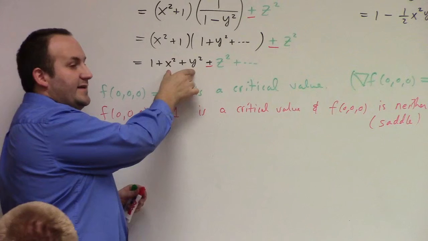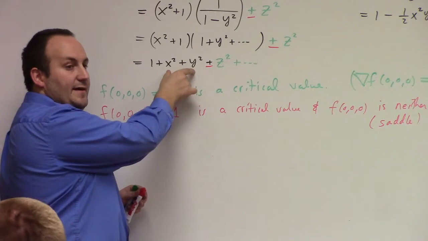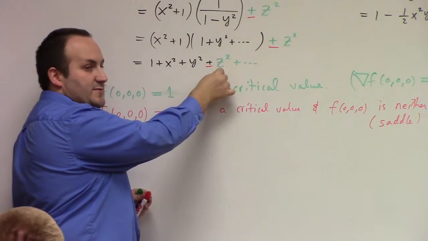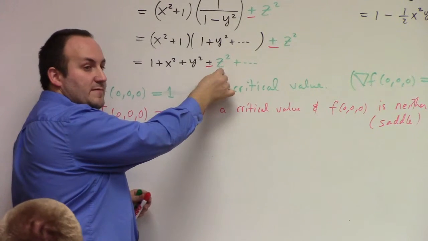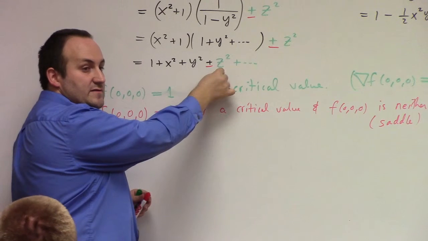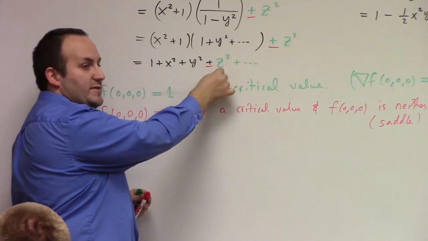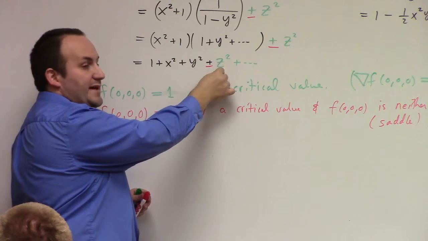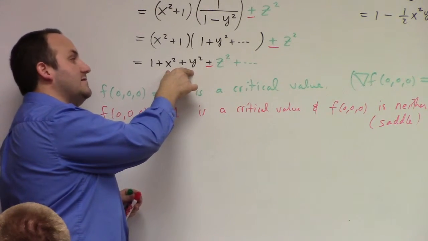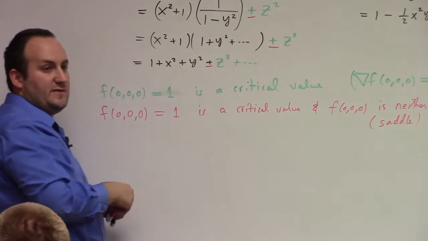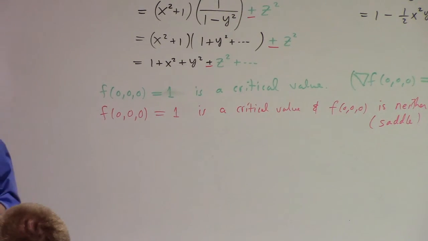However, if I take x and y both 0, and I let z go positive or negative, non-zero, then I'm getting values a little bit less than 1. If I go in the x and y directions but not in the z direction, I get positive values. So it's neither max nor min because I can find values of the function close to 0, 0, 0 which are both above and below 1, right? So it's not a relative max or min.